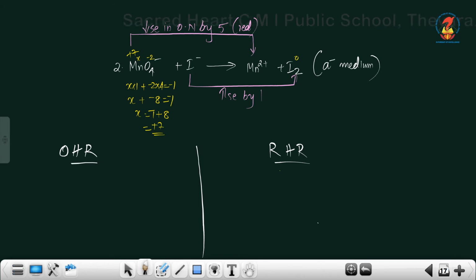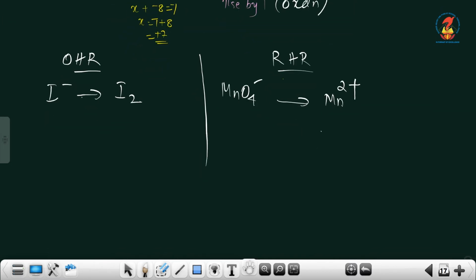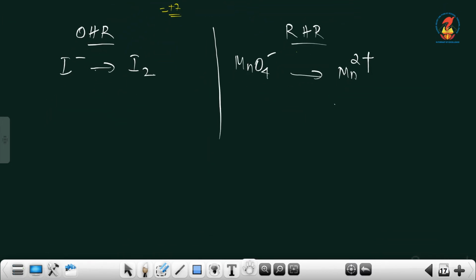Which is the oxidation half reaction here? An increase by 1 means it is oxidation. So I- is changing to I2. Now what is the reduction half reaction here? MnO4- changes to Mn2+. So these are our oxidation and reduction half reactions.